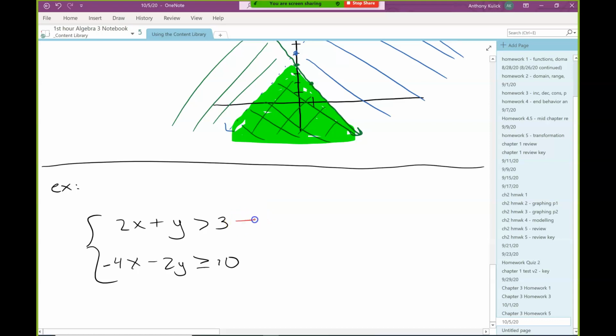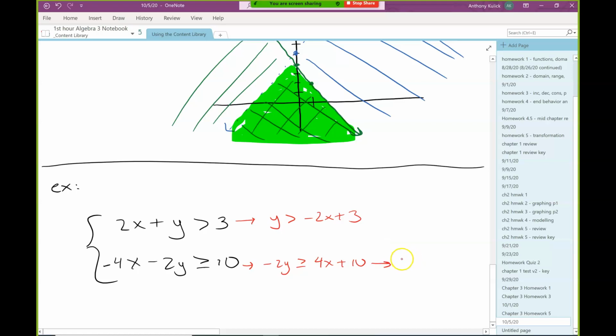So for the first equation, we would need to just subtract the 2x over, right? Everybody okay there? The second equation, we would add the 4x over, and then we also need to divide by -2.